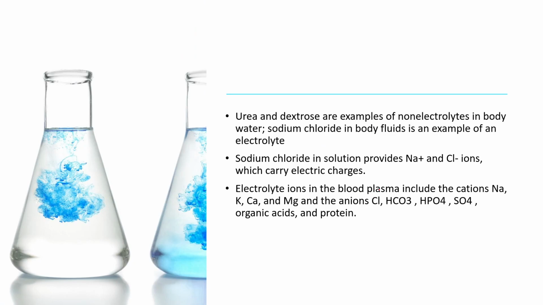So urea and dextrose are examples of non-electrolytes in the body, meaning when you expose them to water, they remain the same. While sodium chloride in the body fluids is an example of an electrolyte. So an electrolyte is a substance that, when exposed to water, dissociates into its cation and anion portion.